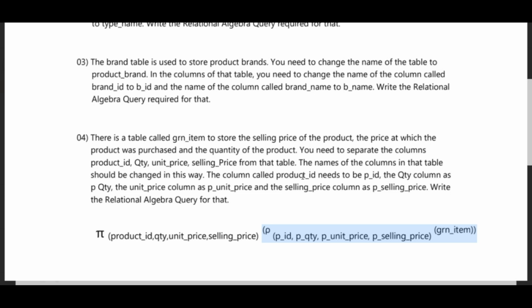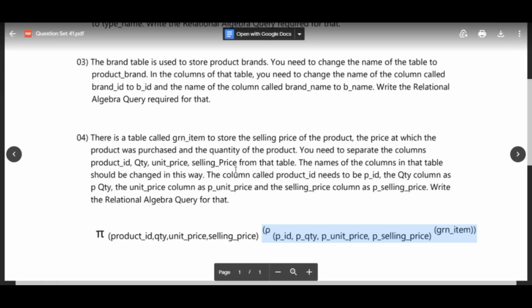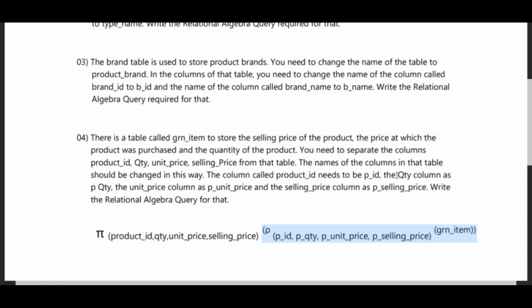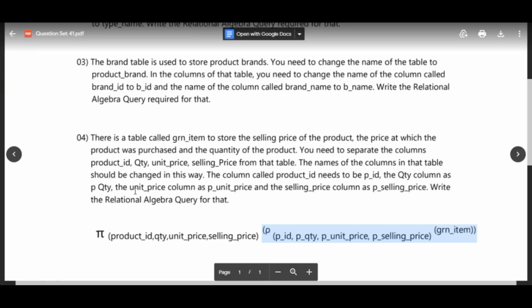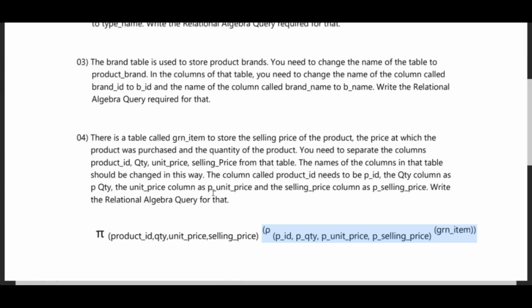The column called product ID needs to be PID. The quantity column as PQTY. The unit price column as P unit price, and the selling price column as P selling price. Write the relational algebra query for that.